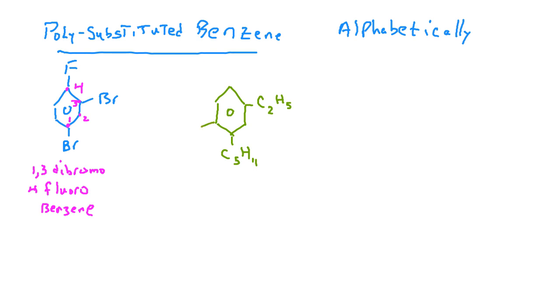Let's see what we have. First, let's name them, because we want to get all the names right. So we know this is ethyl, C5H11 is pentyl, C6H13 is hexyl.